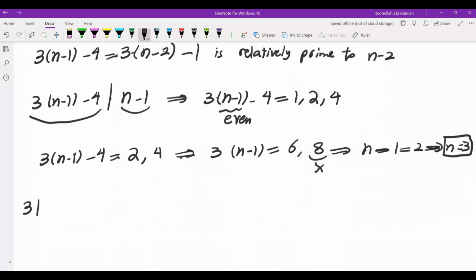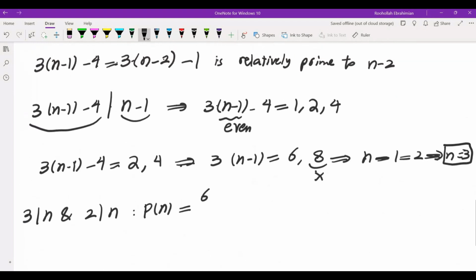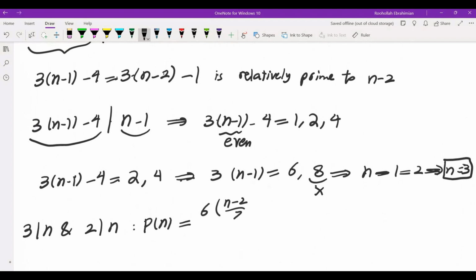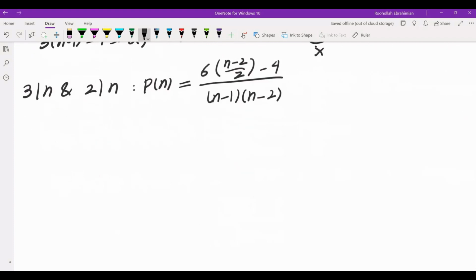Now, what if 3 divides n and 2 also divides n? Then P of n becomes 6 times (n minus 2) over 2 minus 4, divided by (n minus 1) times (n minus 2). This is 3 times (n minus 2) minus 4, divided by (n minus 1) times (n minus 2).